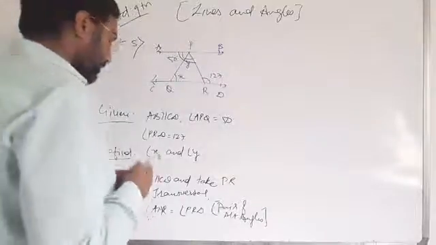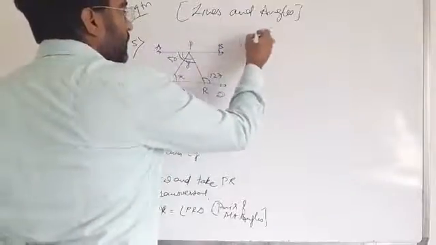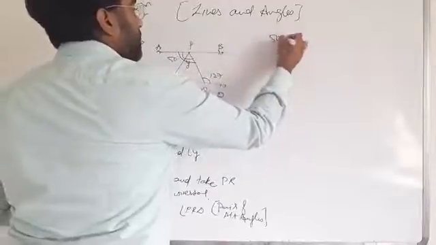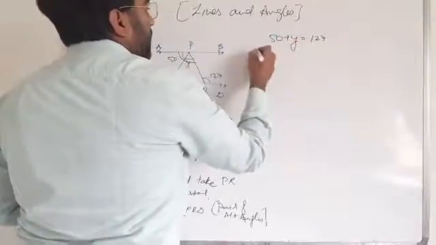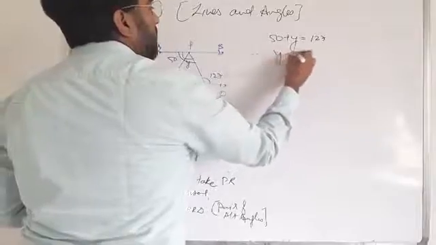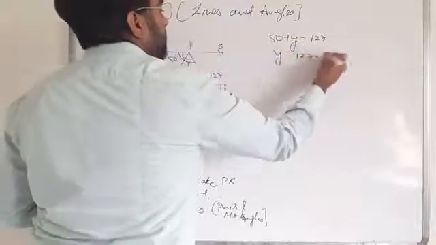Therefore 50 plus Y is equal to 127. Therefore Y is equal to 127 minus 50.